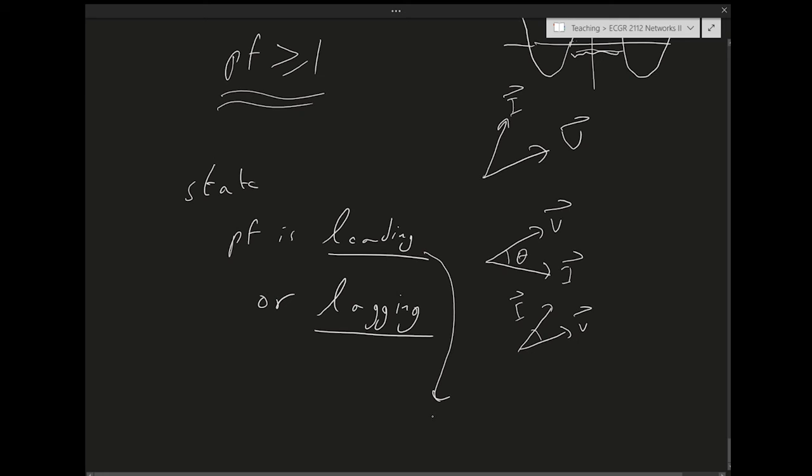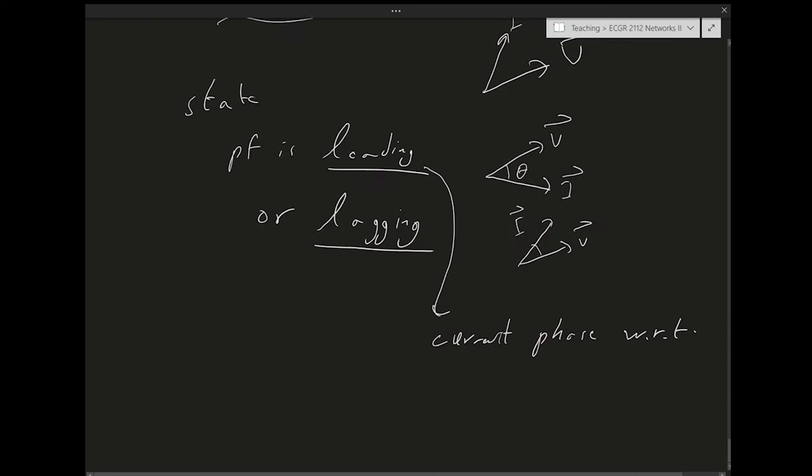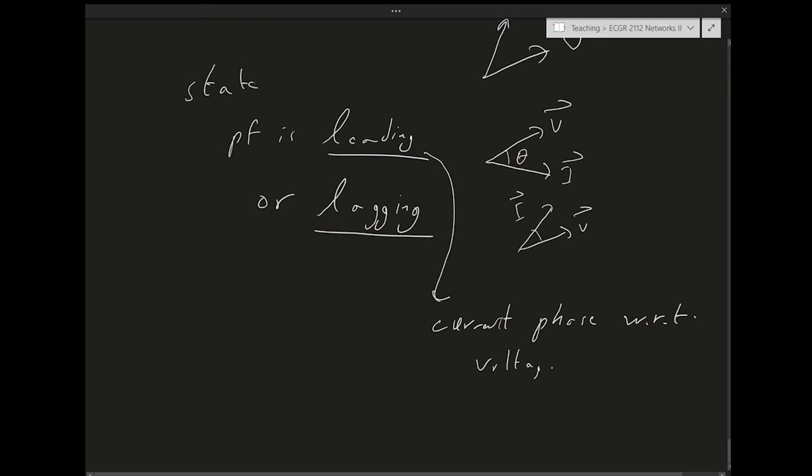We're referring to the current phasor with respect to the voltage phasor. It's the current that is either leading or lagging the voltage. So when we say power factor is leading or lagging, we're talking about the current. What does the current phasor do?